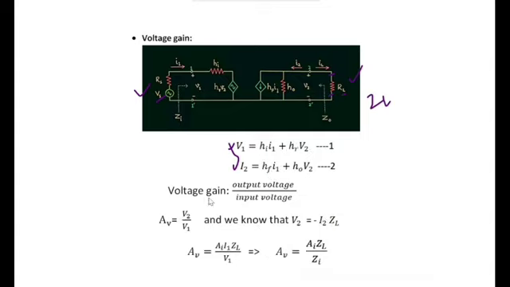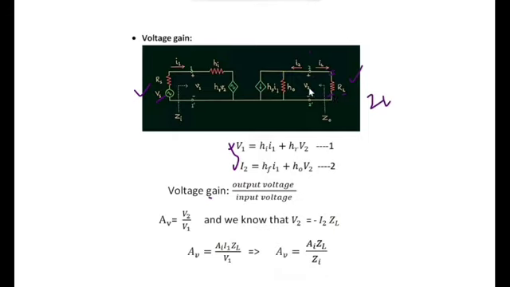So we know that voltage gain is nothing but output voltage divided by input voltage, so we have taken V2 by V1. Here V2 is the output voltage and V1 is the input voltage. V2 is equal to output current I2 into RL, the voltage drop across the load resistor.